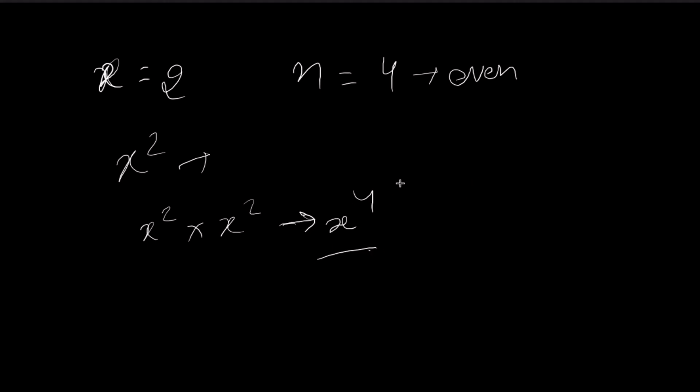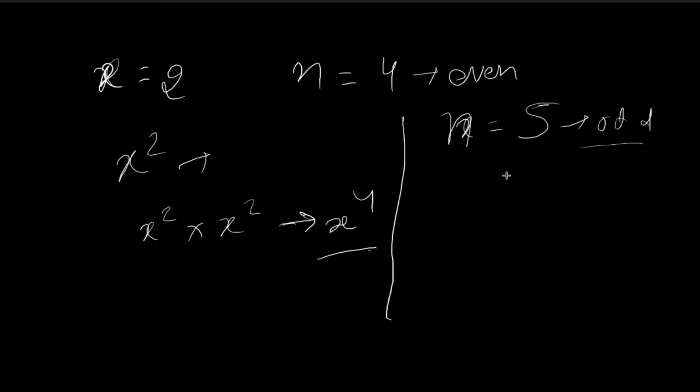Right? In case n is odd, so let's say n becomes 5. Now 5 is an odd number, right? So in case of an odd number, what we are going to do is find the closest even number. So the closest even number is 4.